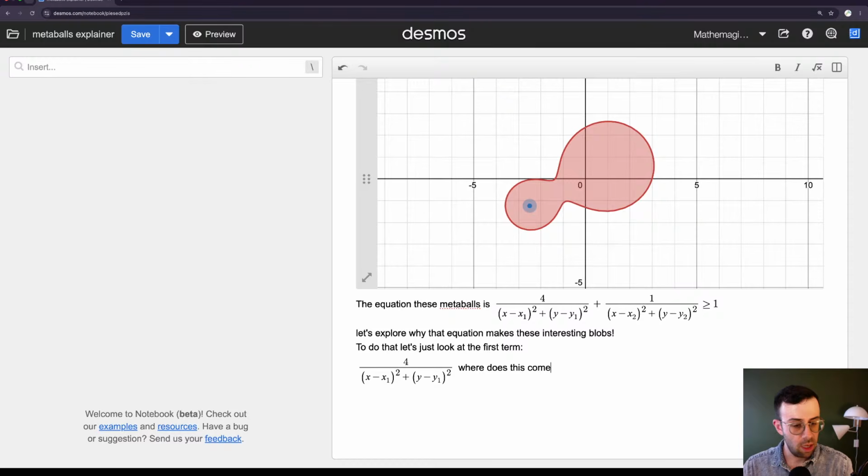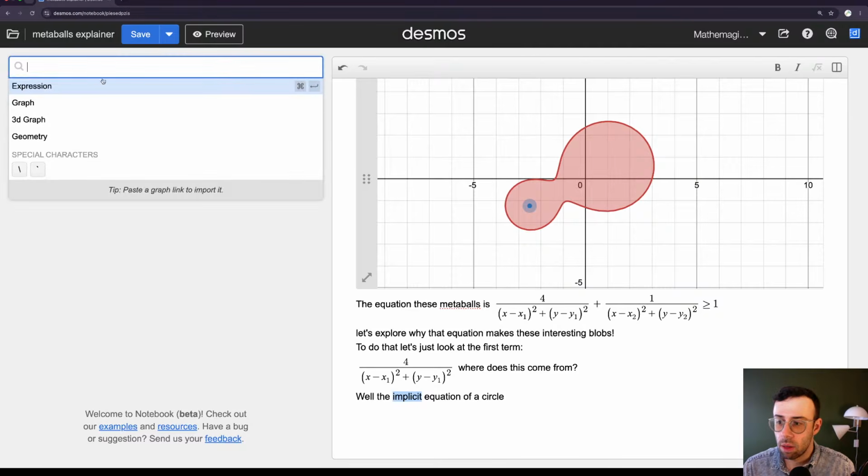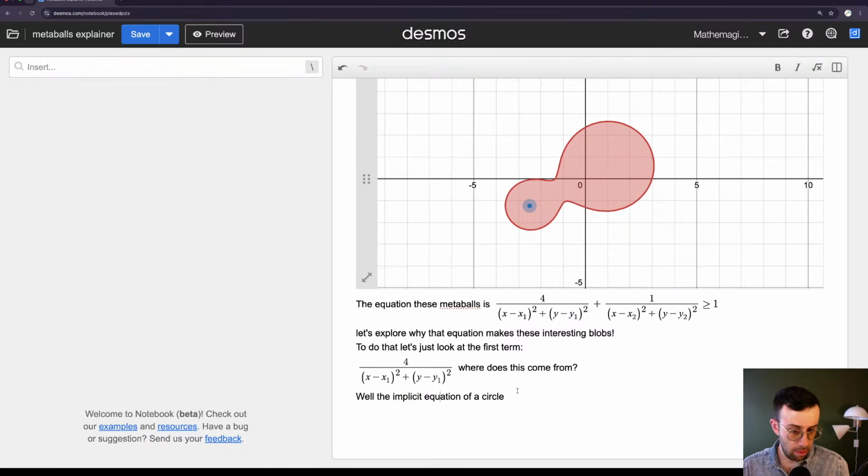Where does this come from? Well, it's the implicit equation of a circle. Maybe I could do a hyperlink to what an implicit is. Let's see, can you do hyperlinks in here? I don't know if you can do hyperlinks. Maybe I'll just write it later.